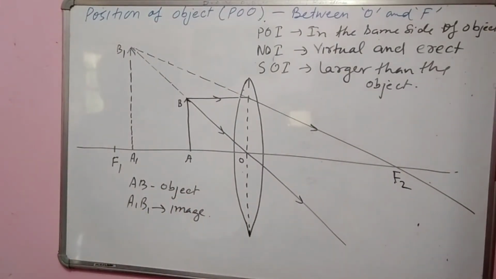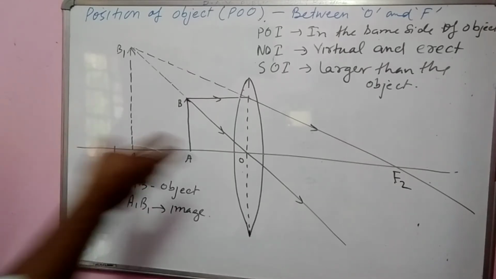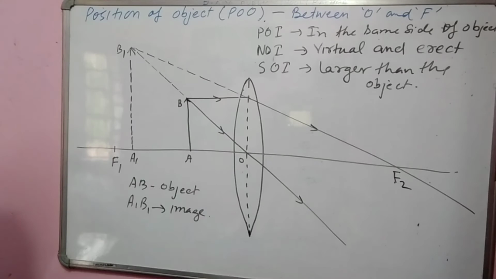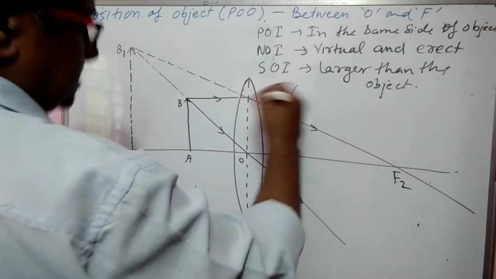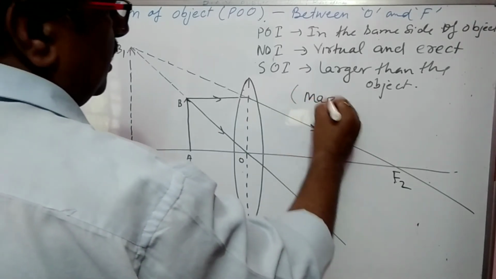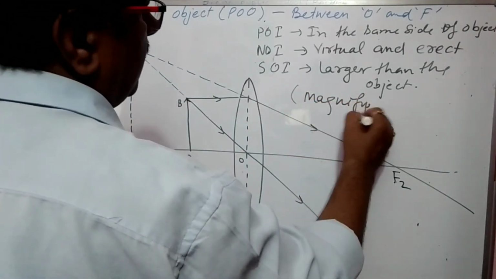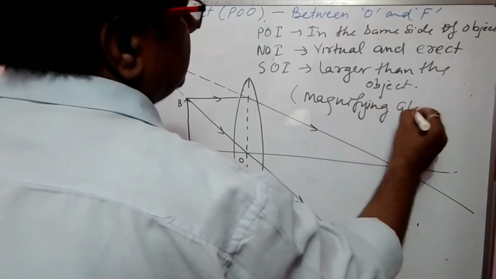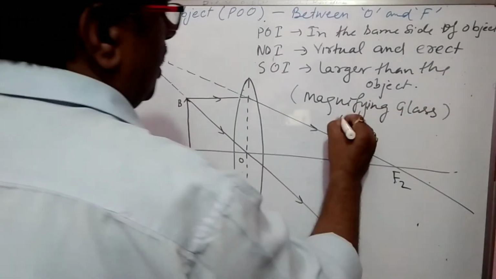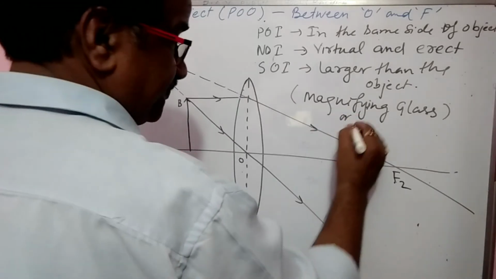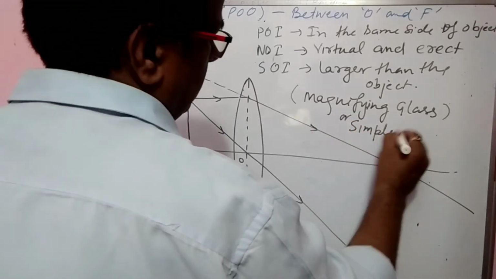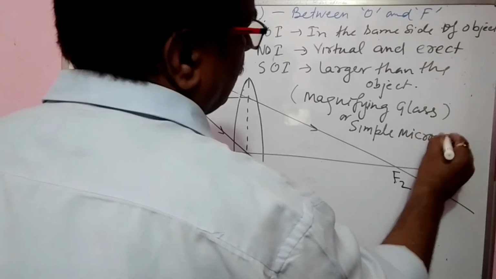This situation is further termed as a simple microscope. In this situation of the object, to see the object we are using a convex lens, so we call this lens a magnifying glass, or also a simple microscope.